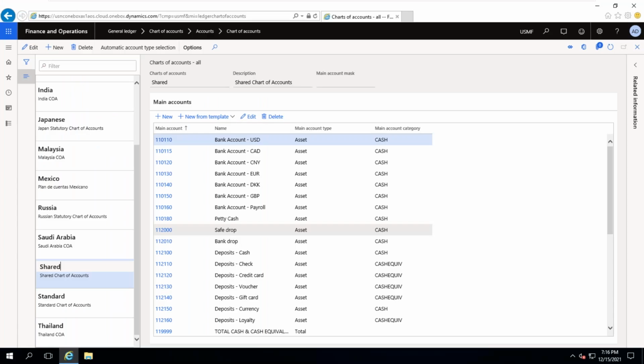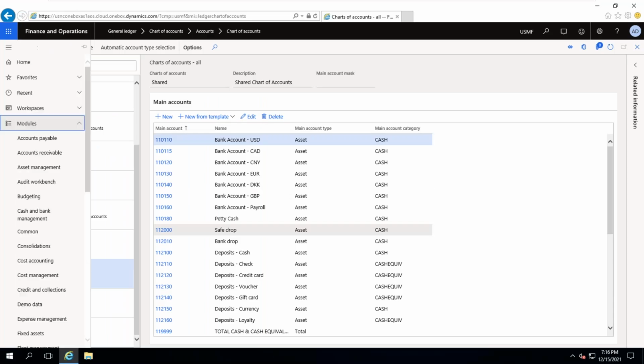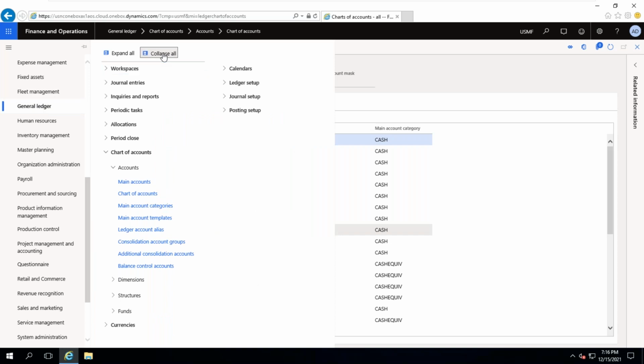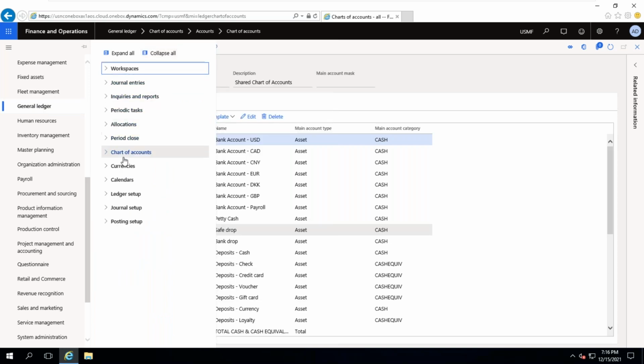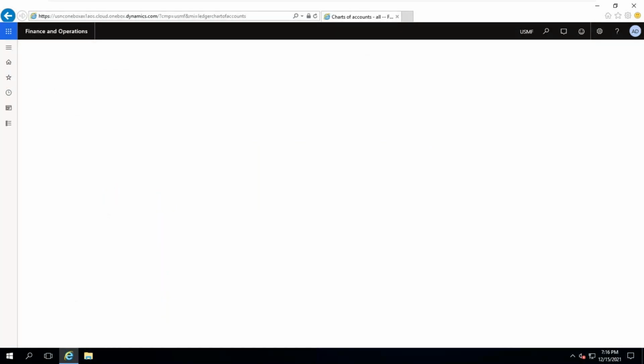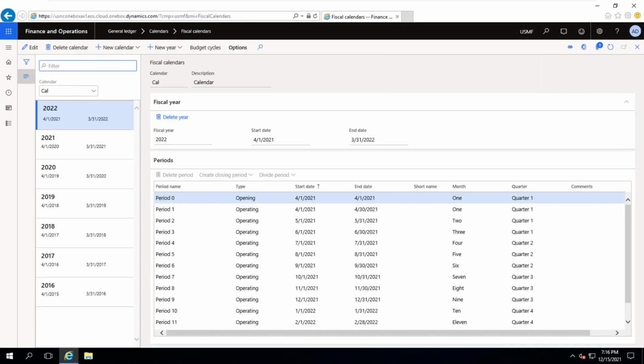Let me show you this one. General ledger, calendars, fiscal calendar. Any calendar, suppose this is April to March.